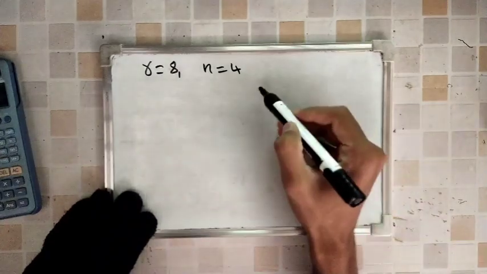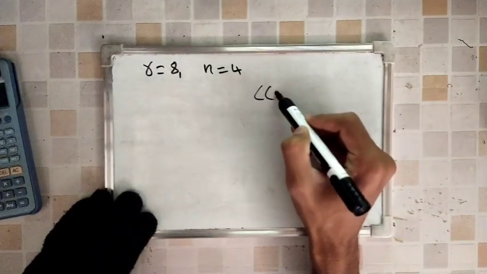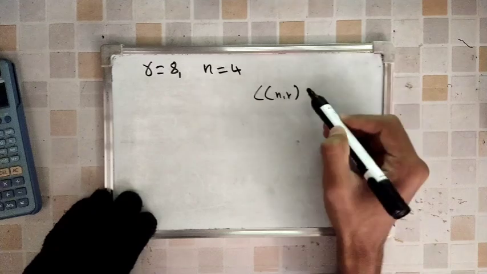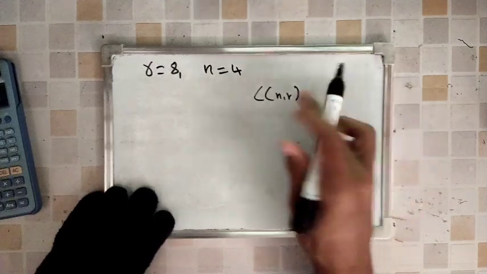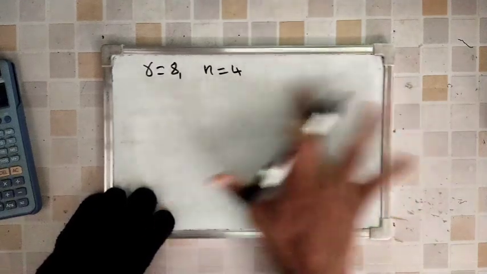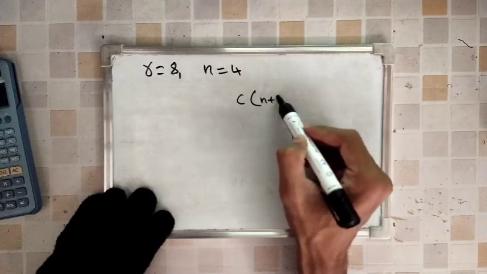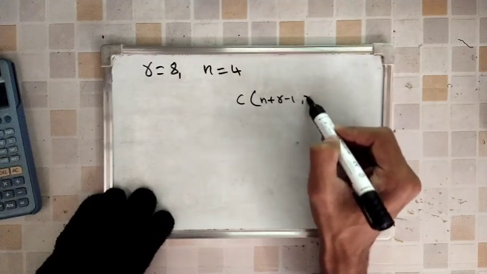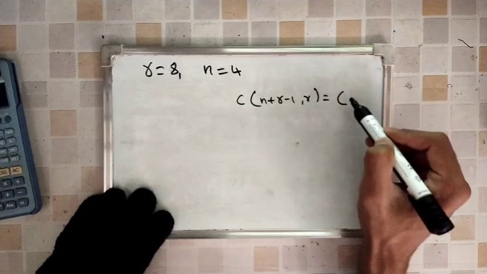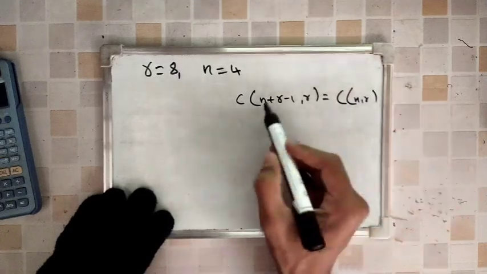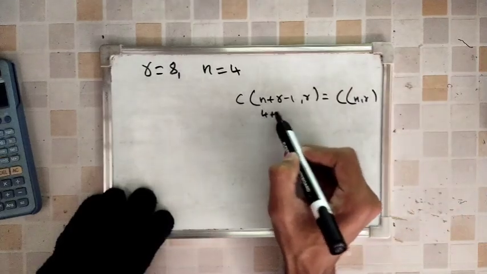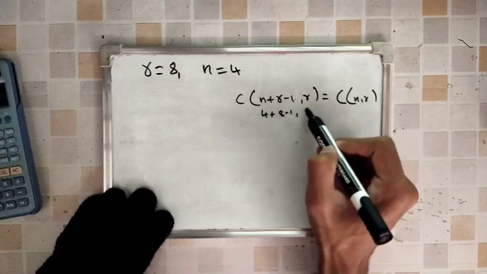So first the formula is given by C of n comma r equals, sorry, here not n comma r, C of n plus r minus 1 comma r equals C of n comma r. So in place of n I have 4 plus 8 minus 1 comma 8.